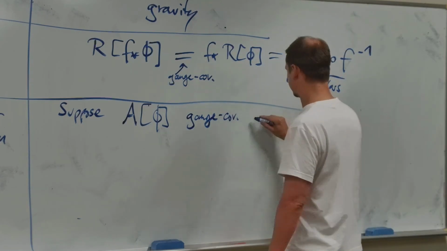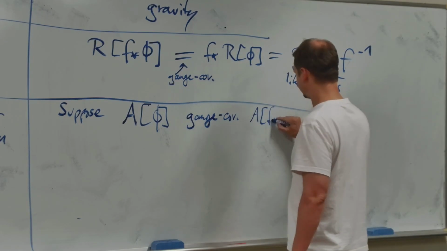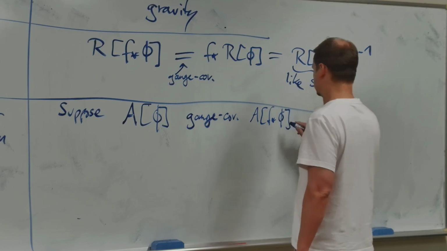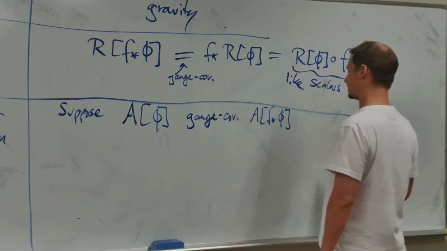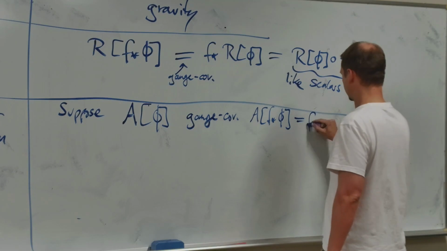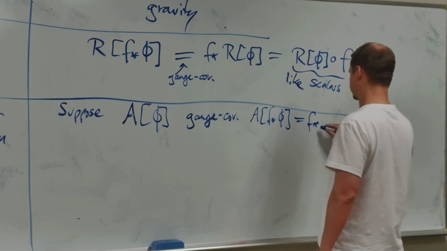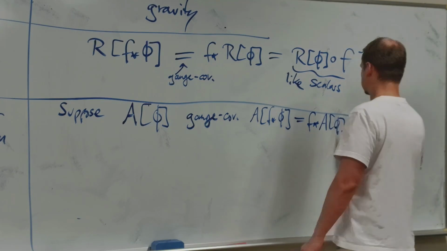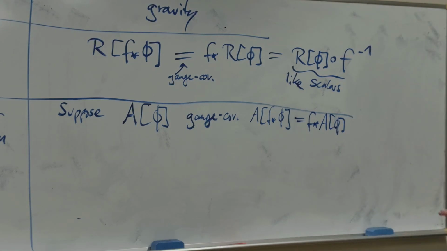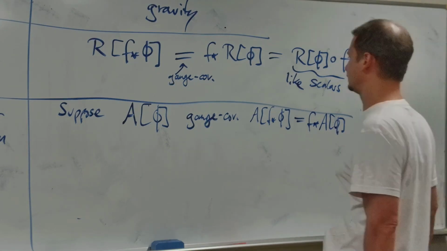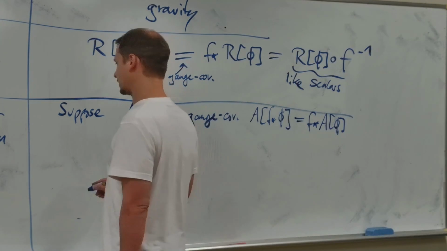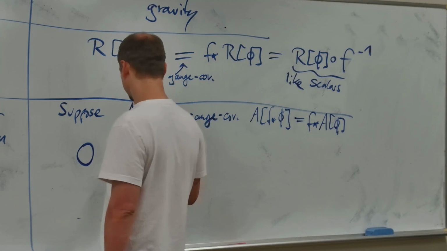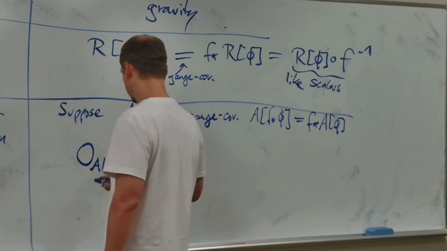Meaning also that A of F star phi transforms like F star of A of phi. It was more general than this, but suppose that's true. Then we can define relational observables that describe A relative to R.